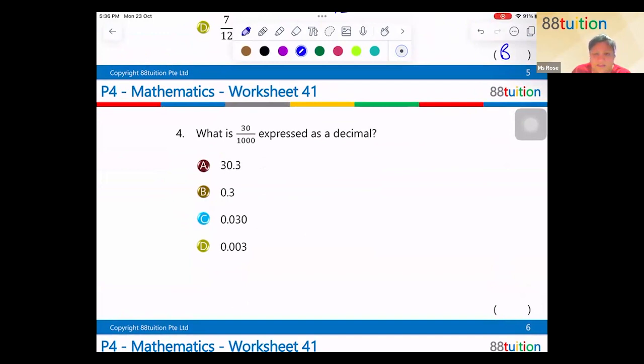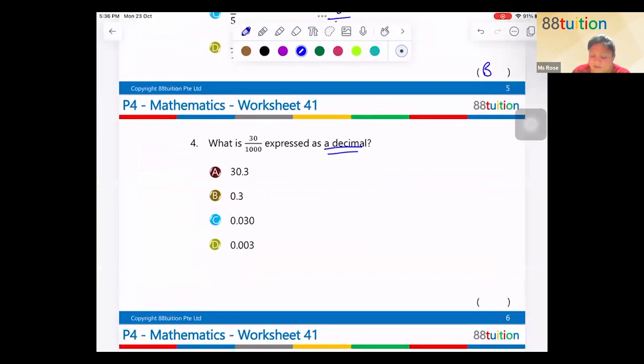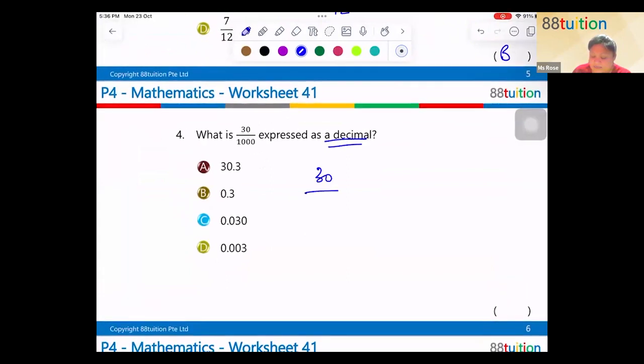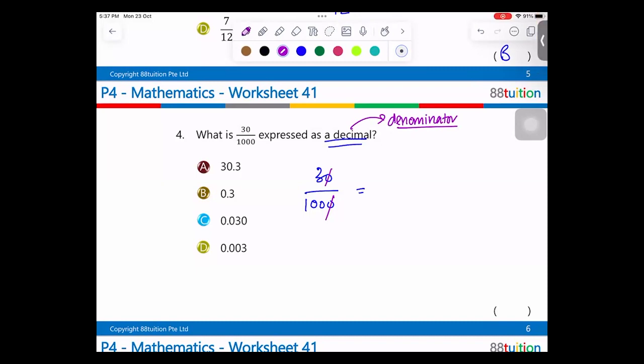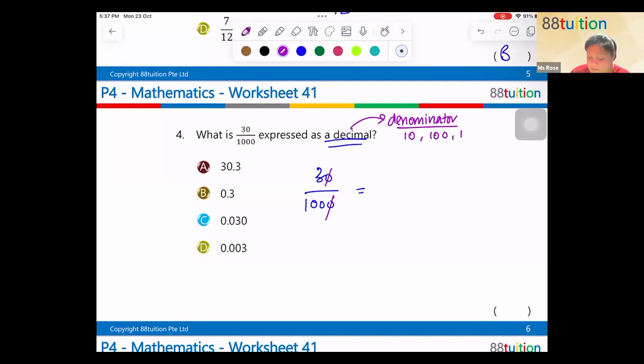What is 30 over 1000 expressed as a decimal? The moment you see a 0, 0 is common, I can cancel. Because you want to change it into a decimal, what denominator is the easiest for us to convert? 10, 100, and 1000.